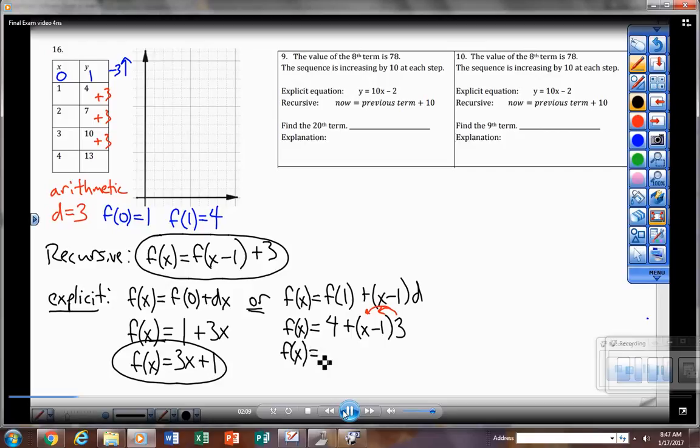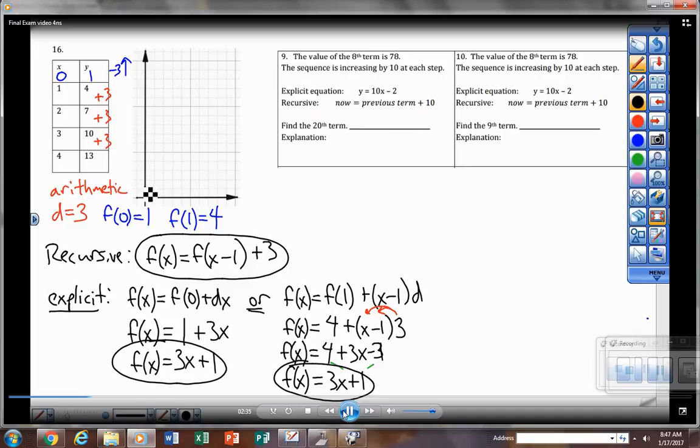So this gives me f(x) equals 4 plus 3x minus 3. Combine my 4 and my 3, and that final answer gives me f(x) equals 3x plus 1.